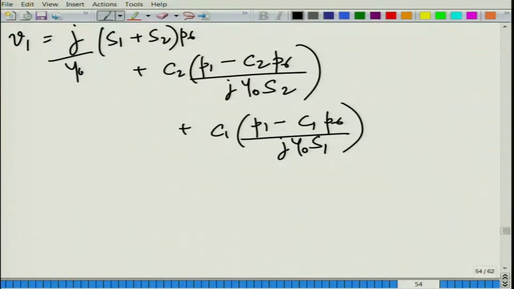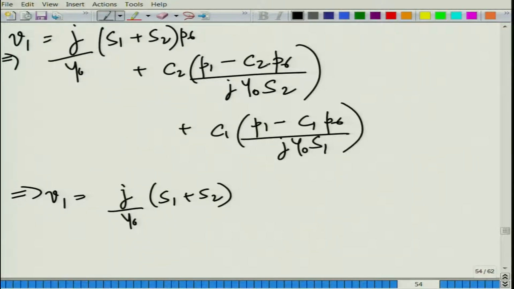So, we can again simplify these. What will we get? We will get j Y naught into S1 plus S2, and P6 is with this, so it becomes minus C2 square by j Y naught S2. Note that this is a minus. So, this can be written as plus j square; minus j square is just j, minus 1 is just j square.